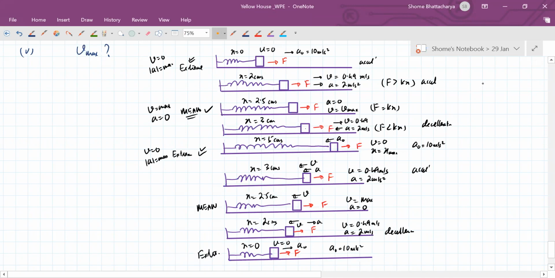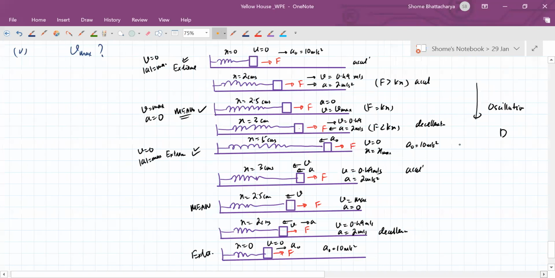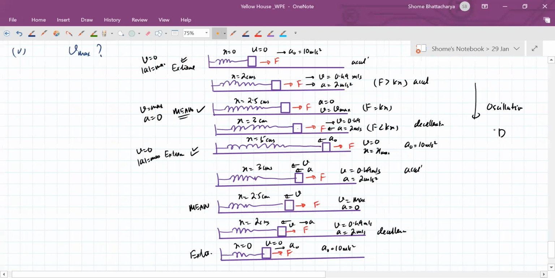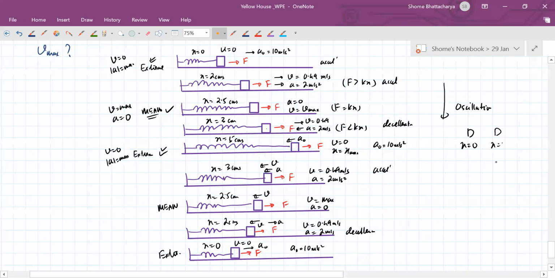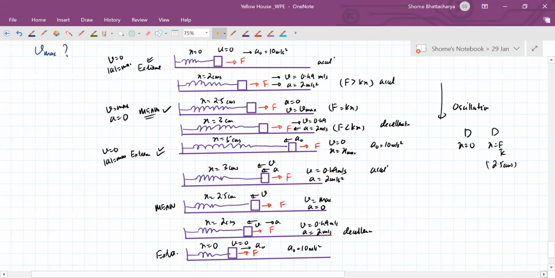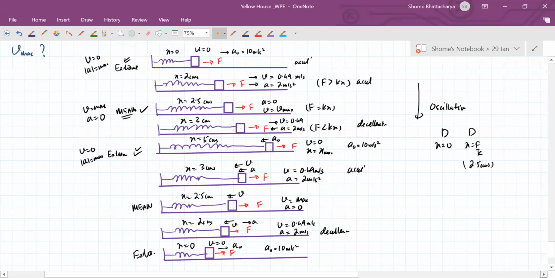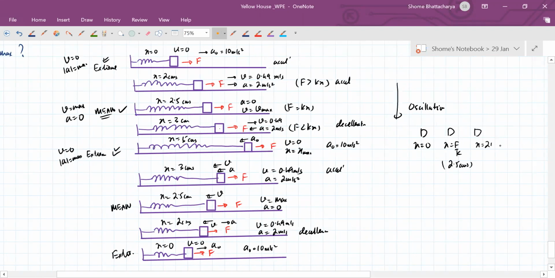Okay. So this will be the oscillation of the block. We keep going back and forth between x equal to 0, x equal to F by k, or 2.5 centimeters, to x equal to 2F by k, or 5 centimeters.